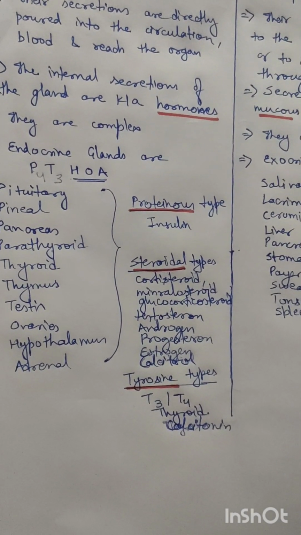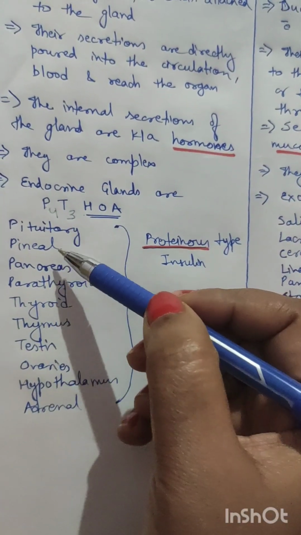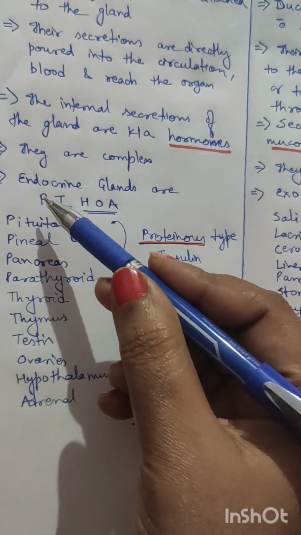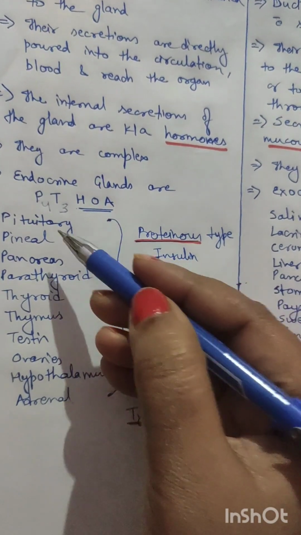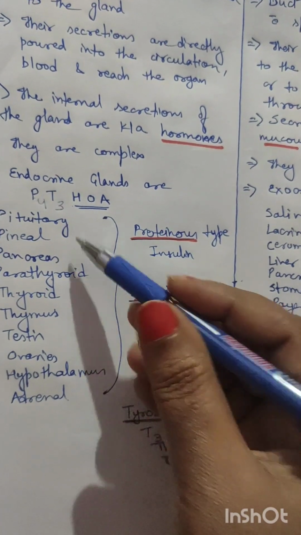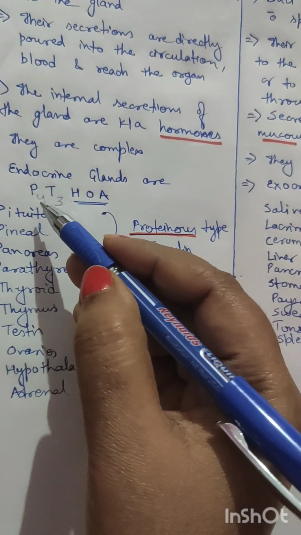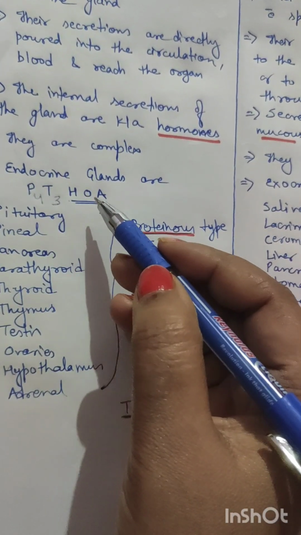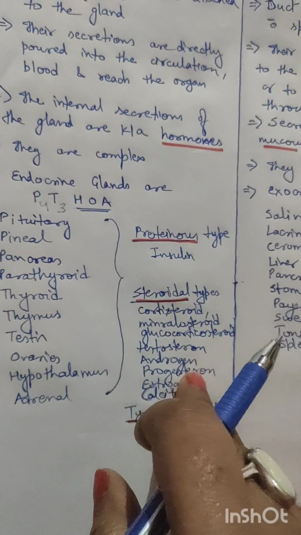You can code it as P4: pituitary, pineal, pancreas, parathyroid. So 4 P's are there. Then thyroid, thymus, testis, T3 you can say. H for hypothalamus, O for ovaries, A for adrenal. So I have made P4 T3 HOA. It's a mnemonic.